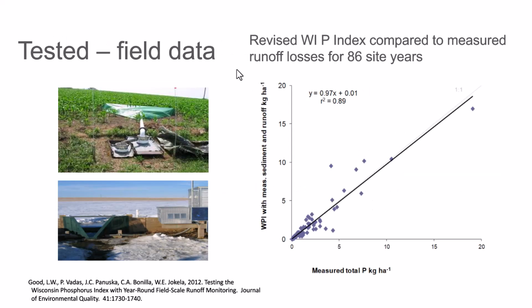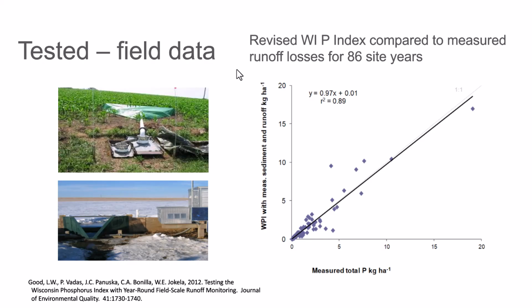Now that I've talked about all these different equations that are happening behind the scenes, I also want to remind you that when we are making these types of updates to the phosphorus index, we're always doing it in the context of testing these changes against actual field data. So we're lucky in Wisconsin to have networks of field edge monitoring data that allow us to look across different soils and across different cropping systems.